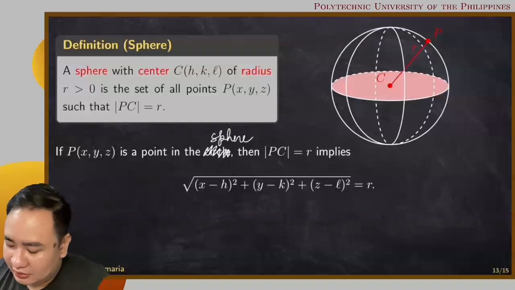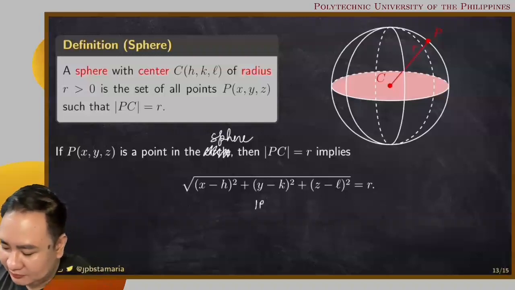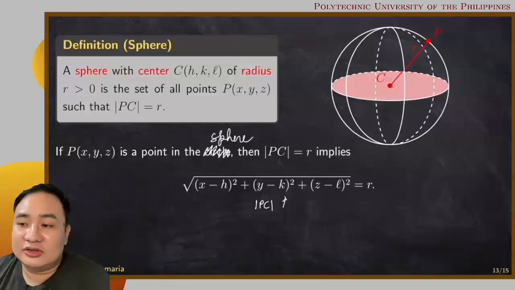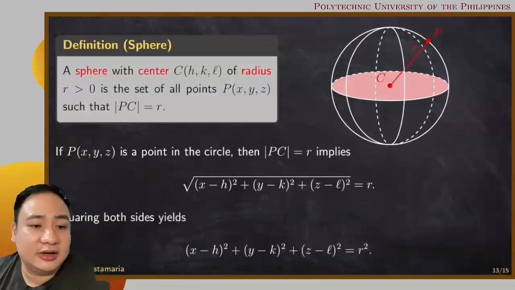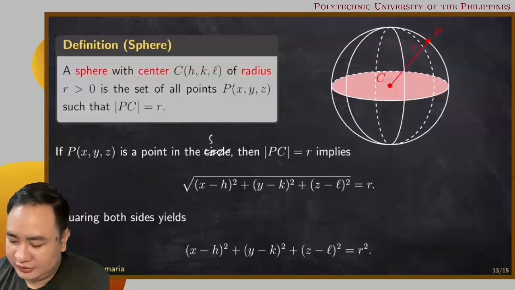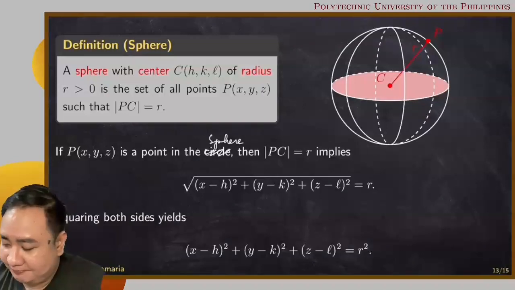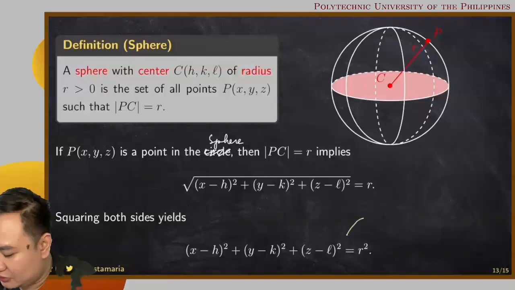Ito yung distance ni PC. At ito yung r. Using the distance formula. And then if you take the square, sphere ulit ito, you get this. Sa mathematics, ang tawag natin dito, sa equation na to, you call this the center-radius form.